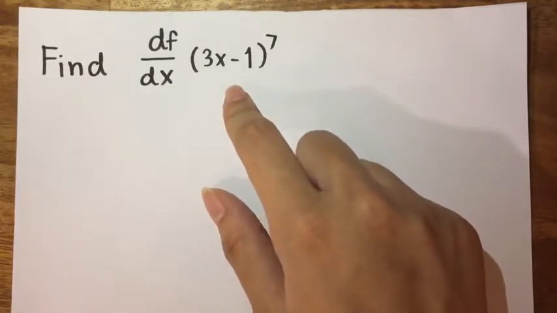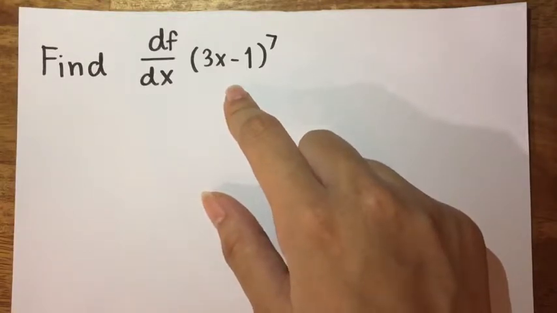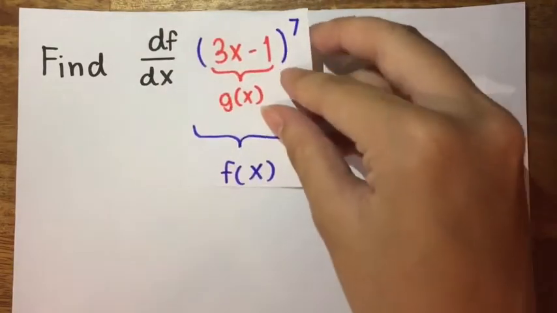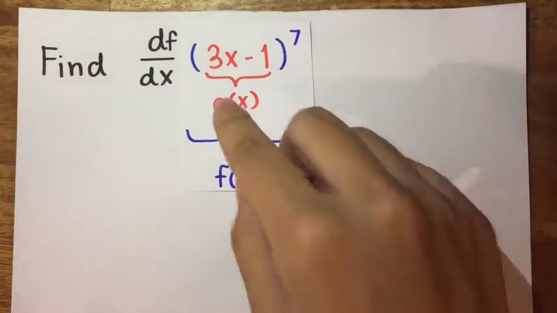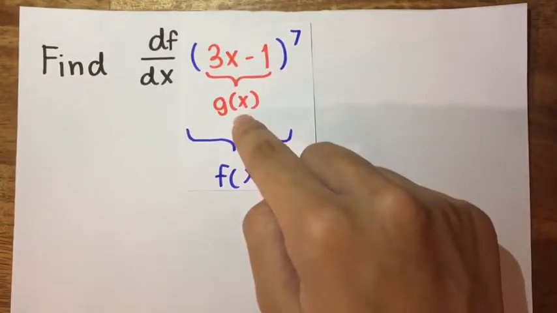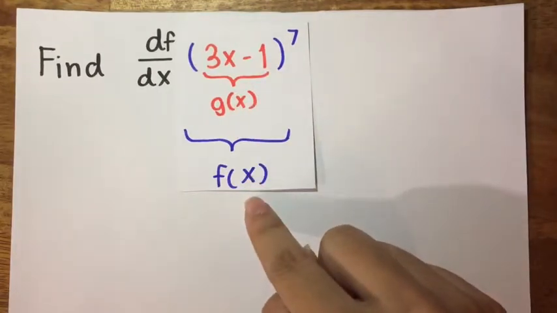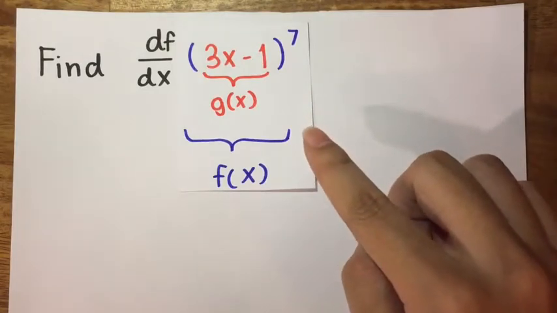I encourage you to pause the video and try it out on your own, but I will show you now. So you can look at this function in another way, where 3x minus 1 is g of x and the whole function is f of x. And this represents a chain rule.